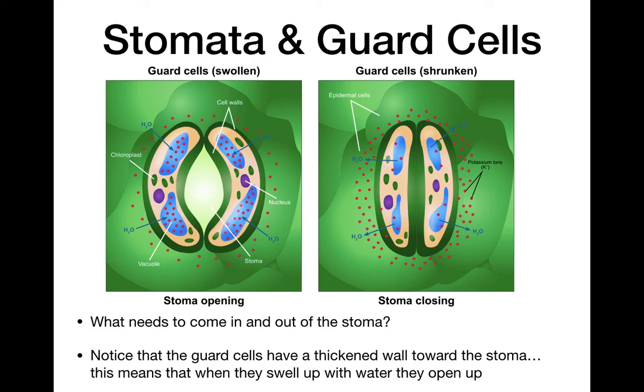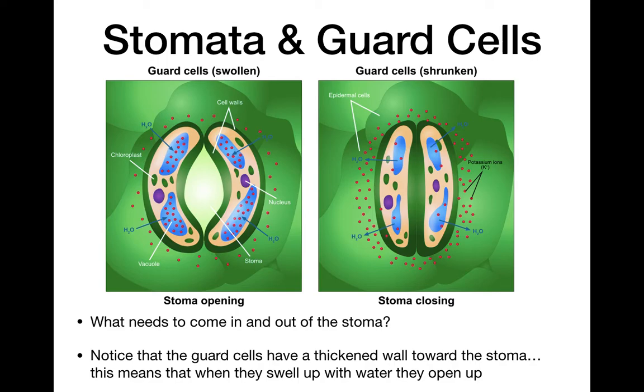Now, if you take a look at the structure of the guard cells here, notice how the interior part of the guard cells is much thicker. It's much thicker towards the stoma in the center than it is on the outside. And it's because that's the part that is going to become flaccid and fall in to close the opening.